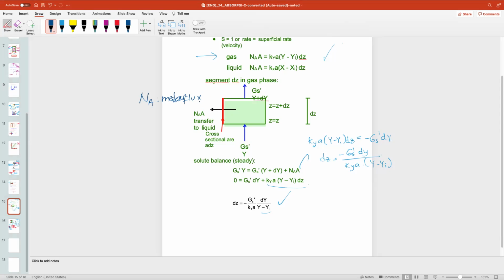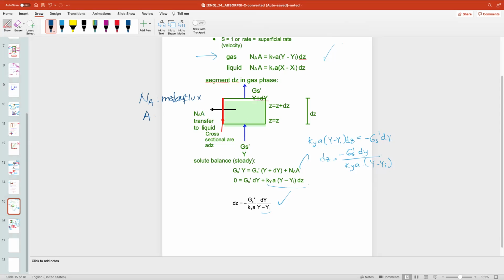And flux means that it is divided by the area. So in order to find the rate of the molar transfer of the components into the liquid, we have to calculate with A.